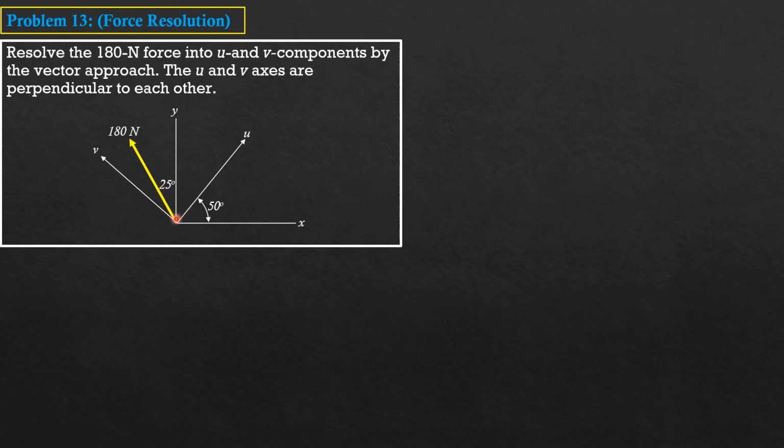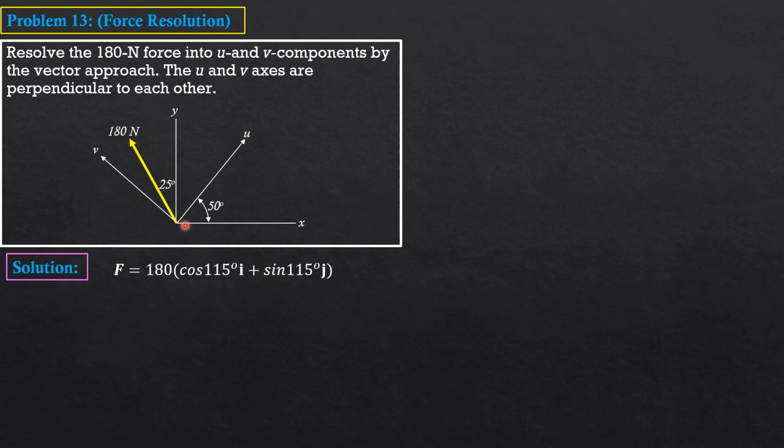For the solution, F is written in vector form as 180 cosine 115 degrees I plus 180 sine 115 degrees J.